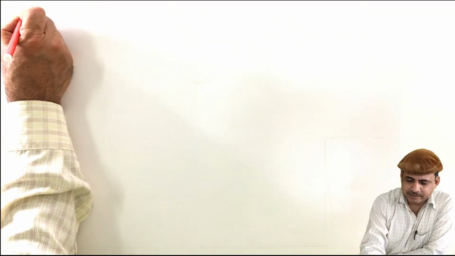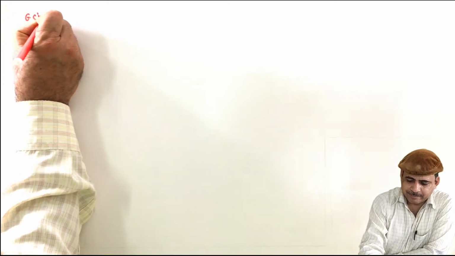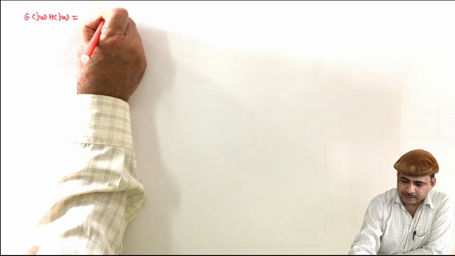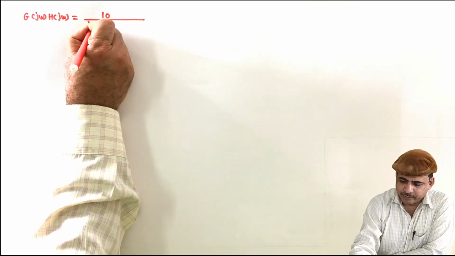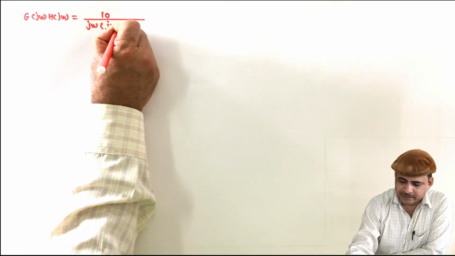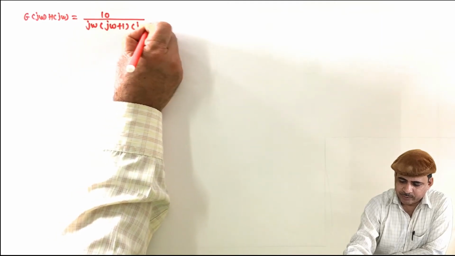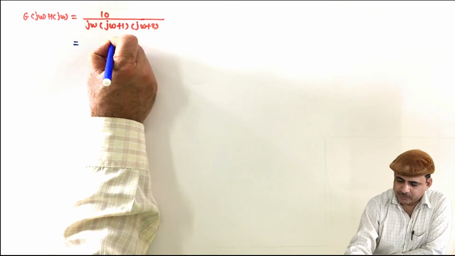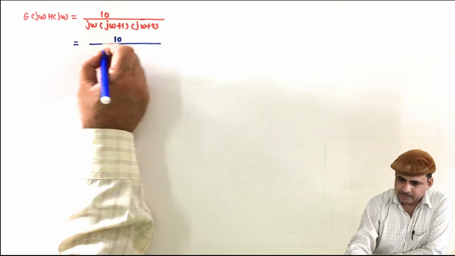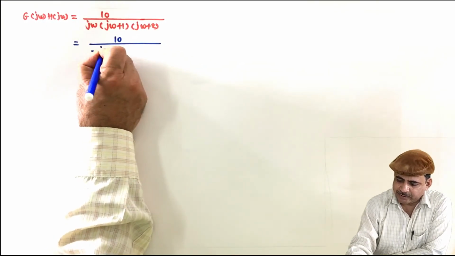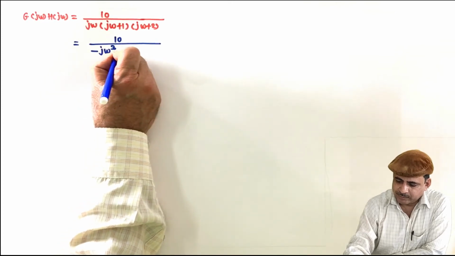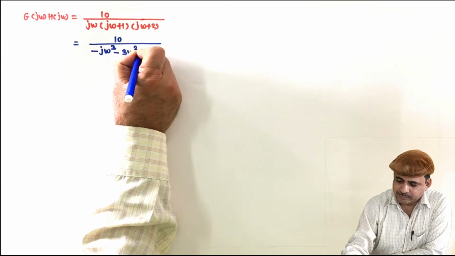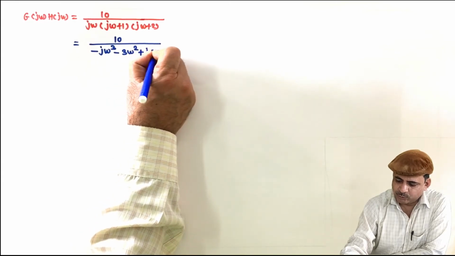So I will rewrite G(j omega)H(j omega), and that is 10 upon j omega into (j omega plus 1) into (j omega plus 2), and I will expand this. So that will be 10 upon minus j omega cube minus 3 omega square plus j2 omega.